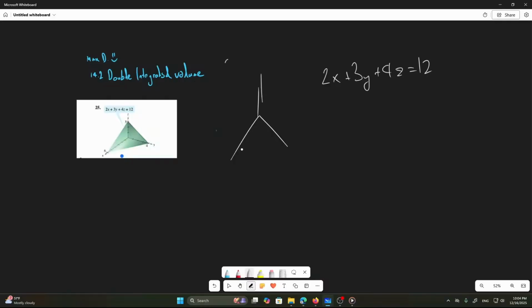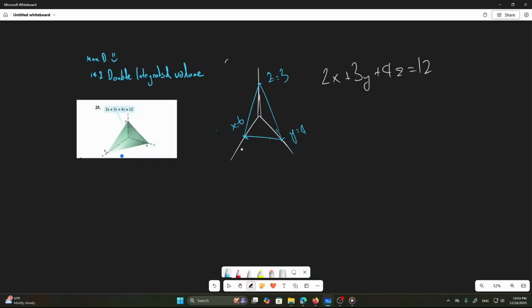Let me draw this out. We have the x-intercept at x equals 6, the y-intercept at y equals 4, and the z-intercept at z equals 3.